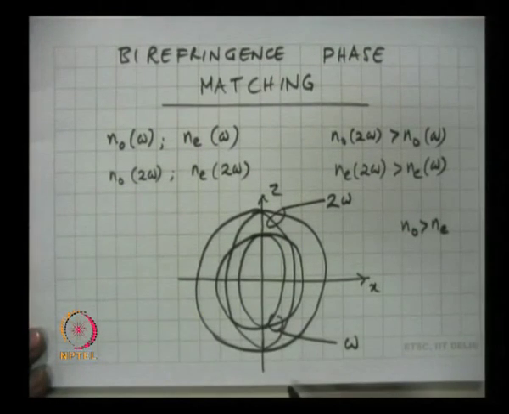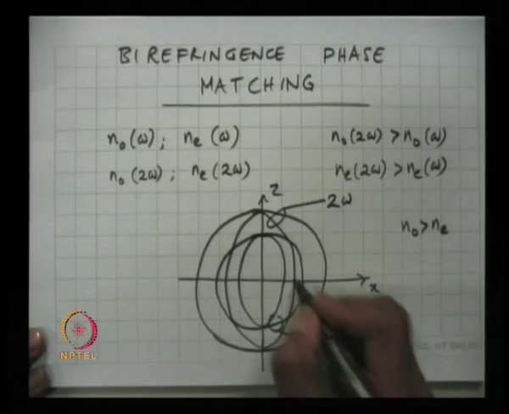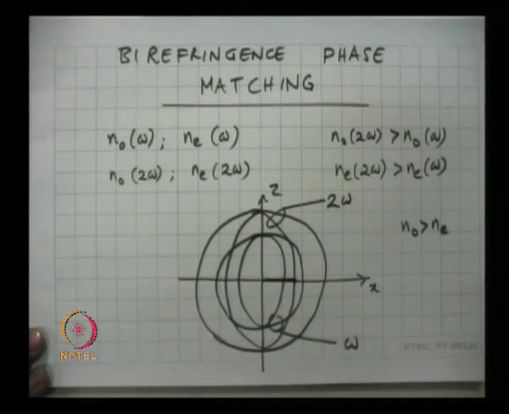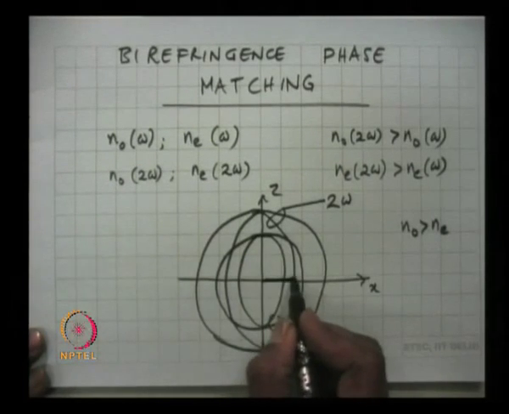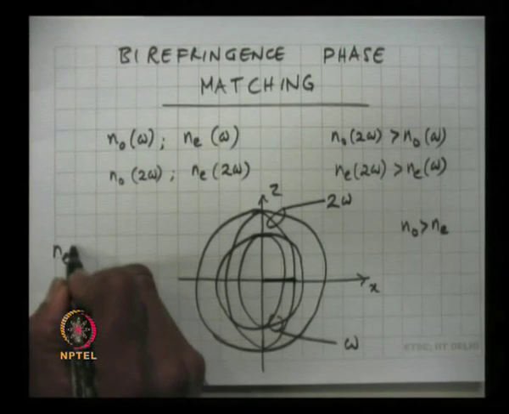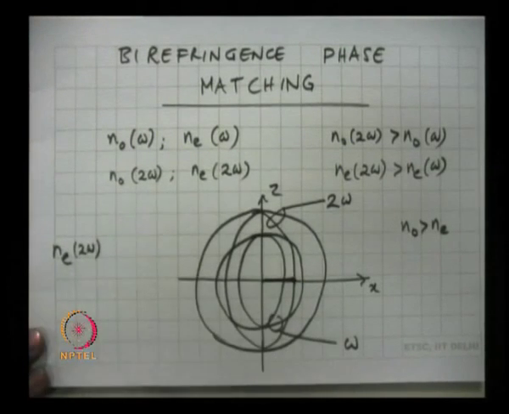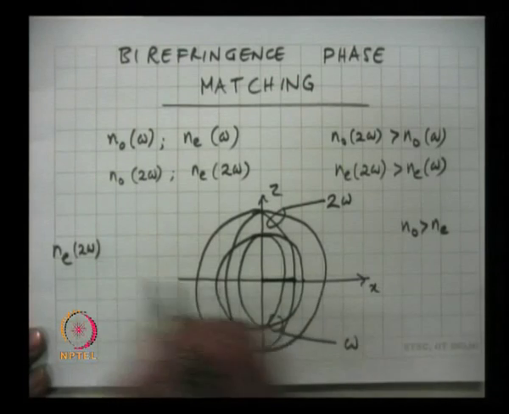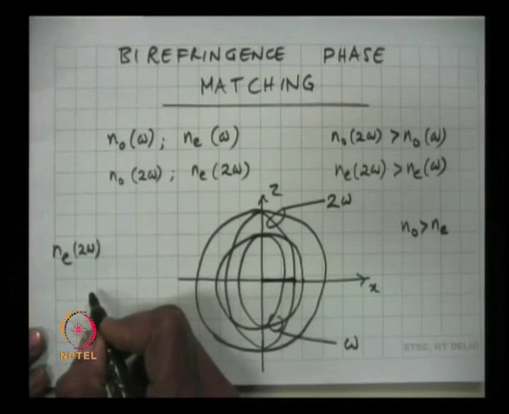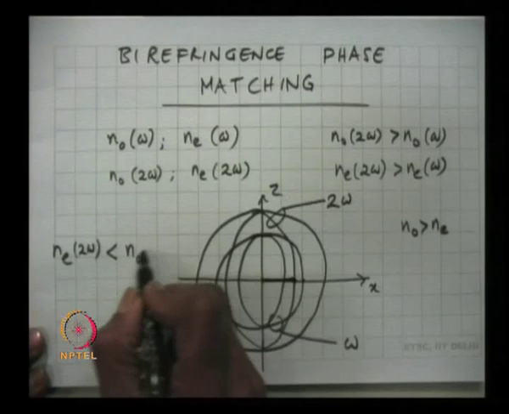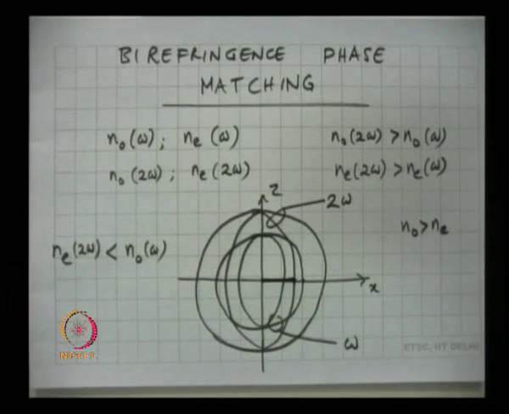So, under what condition will this intersection take place? Remember, this length is how much? This length is NE of 2 omega, and this length from here to here, the circle, is NO of omega. If this is less than NO of omega, then the ellipse corresponding to 2 omega will intersect the circle corresponding to omega frequency.